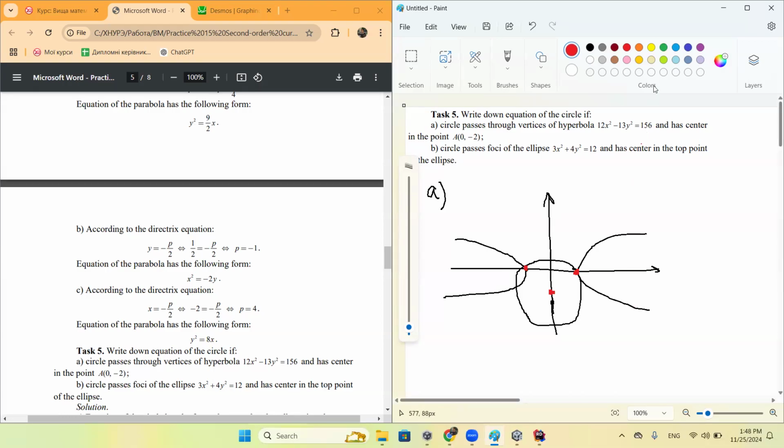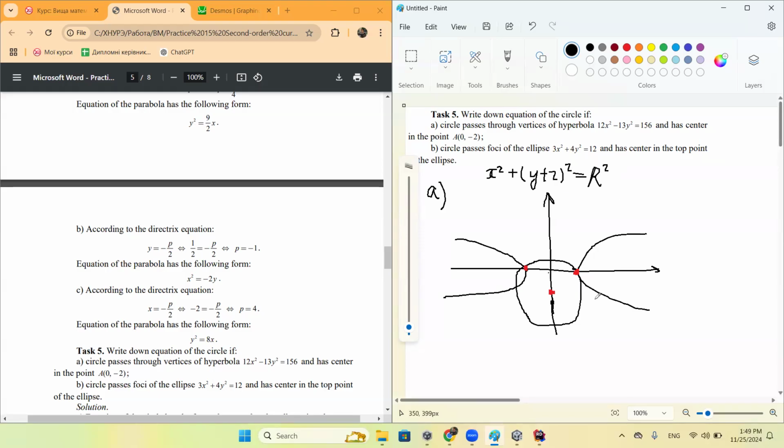So for better understanding, what do we need to find? We already have coordinates of the center. So the equation will be the following: x in power of 2 plus y plus 2 in power of 2 equals r in power of 2. So we need to find the radius.